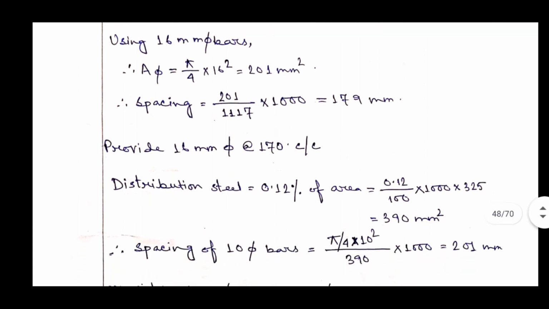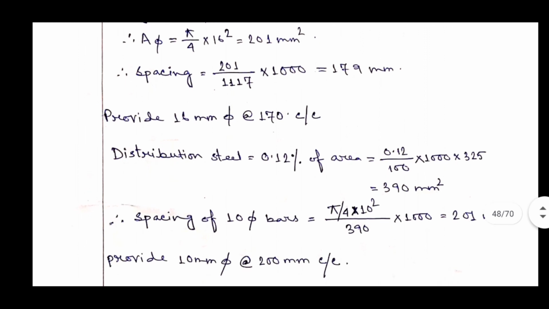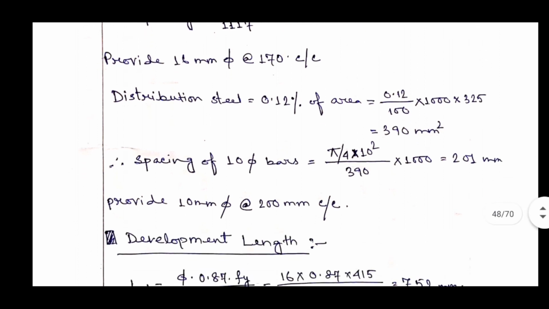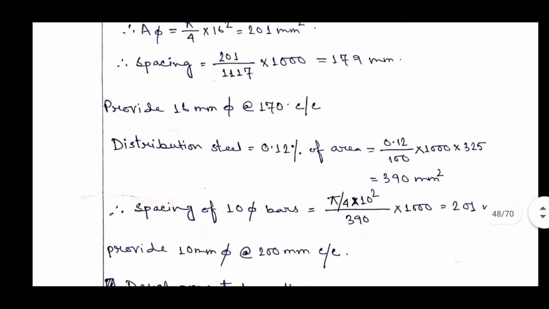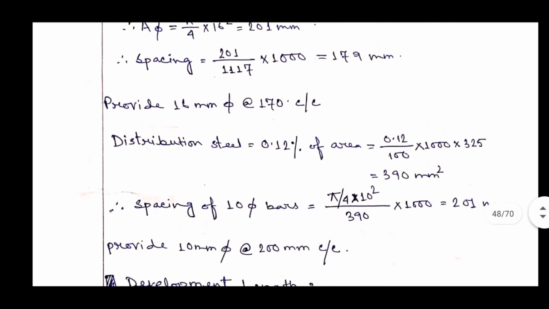In distribution steel, if you provide 10 mm dia bar, then the spacing of 10 mm dia bar is equal to pi by 4 into 10 square by 390 into 1000, that is 201 mm. So we may write 200 mm also. So provide 10 mm dia bar at 200 mm center to center as distribution steel. So main reinforcement and distribution reinforcement we have already found.